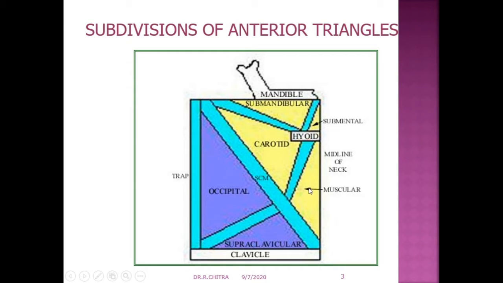The triangles are the muscular triangle, carotid triangle, digastric triangle and half submental triangle. Another half submental triangle is shared by the other side of the neck. So this is the revision of the last class, and in the last class we have seen the muscular triangle also. So now we will see in this class about this carotid triangle.